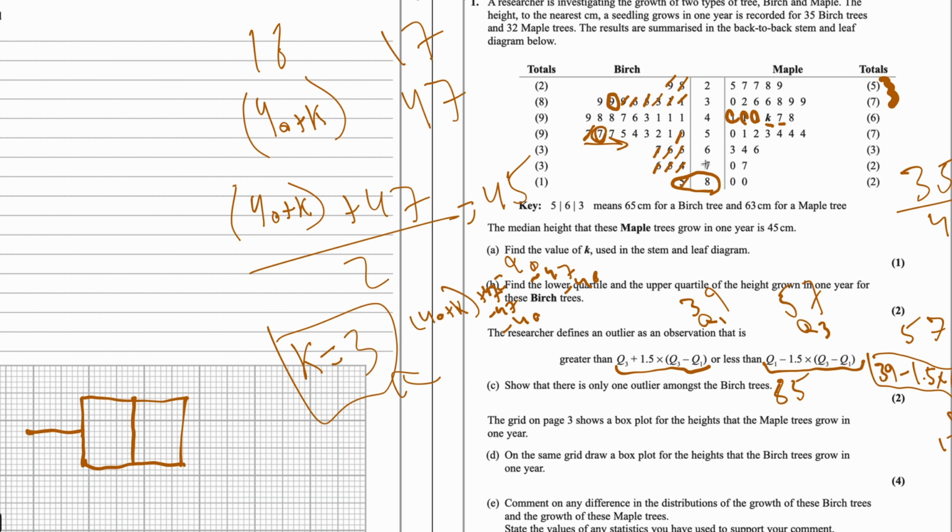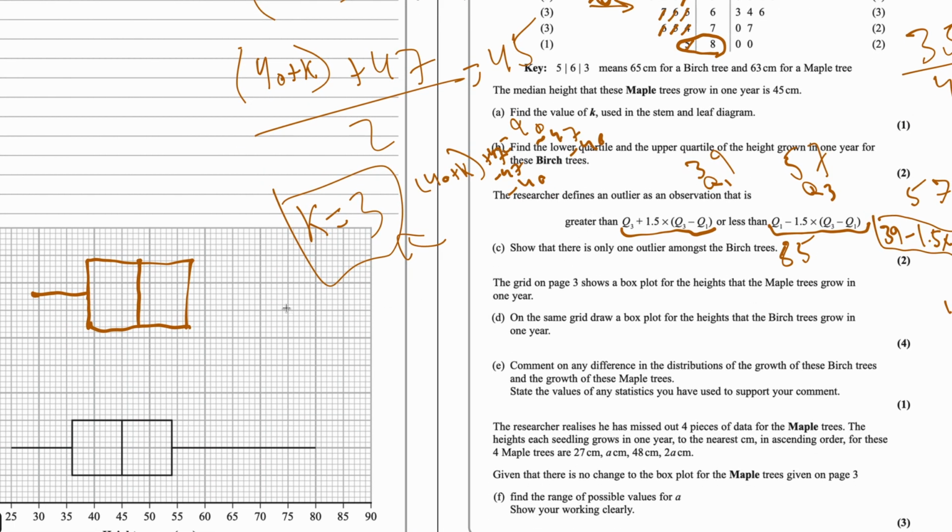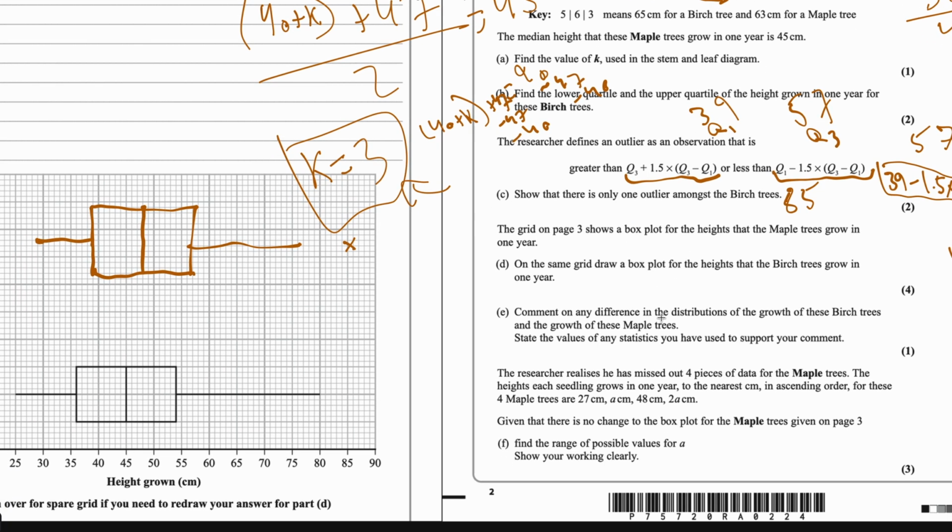And then we search for the highest term that is not an outlier, which is over here. It appears to be 76, right? So we go over here to 76 and connect them. And then we have one outlier, which is the 85, and we draw it as an X. And that's how we draw a box plot.